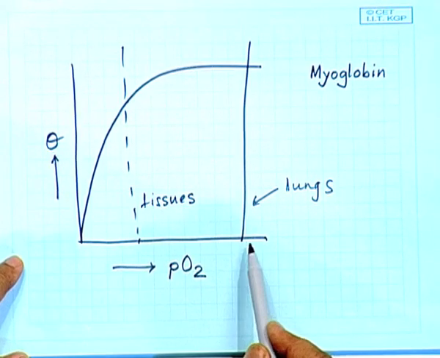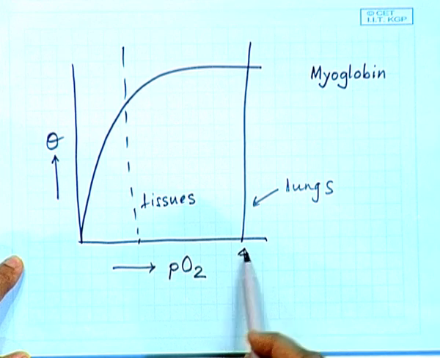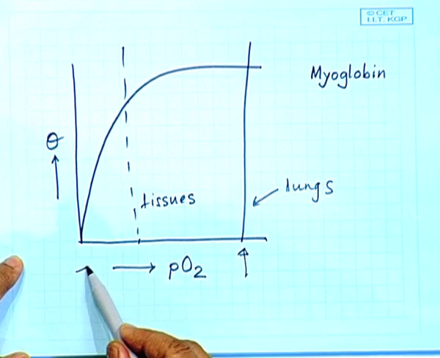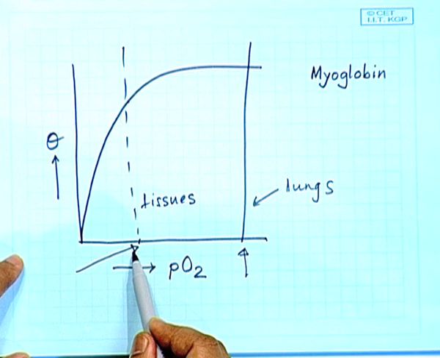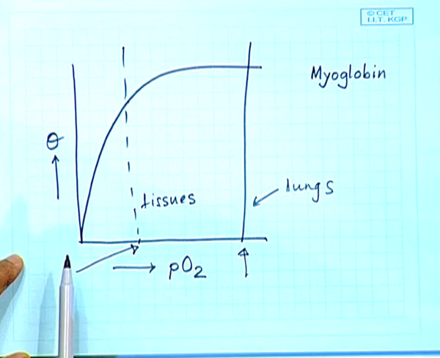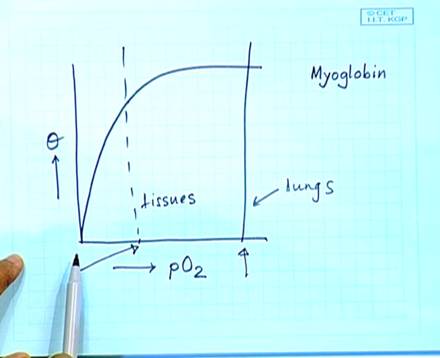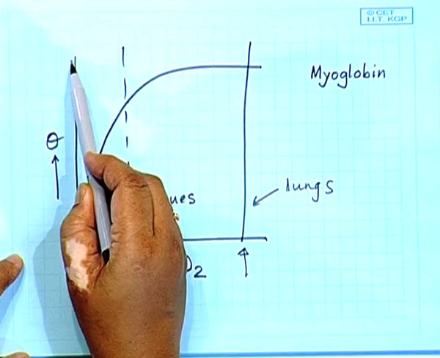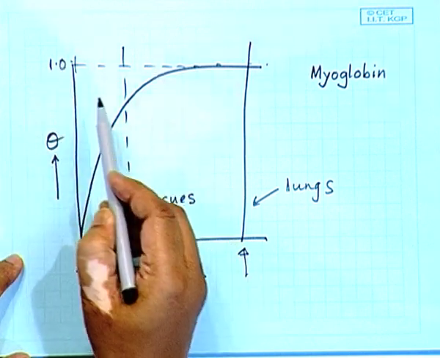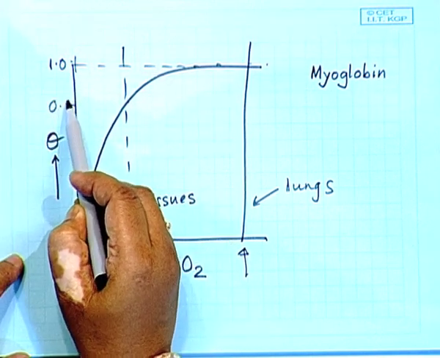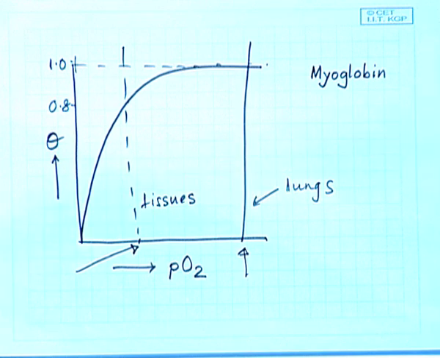The partial pressure of oxygen in the lungs is high, the partial pressure of oxygen in the tissues is low, and if we have the binding in a hyperbolic fashion, if this is 100% saturation, so we have a fraction here of 1, this is say 0.8. What am I saying? I am still 80% saturated with the oxygen even at the tissues, okay?